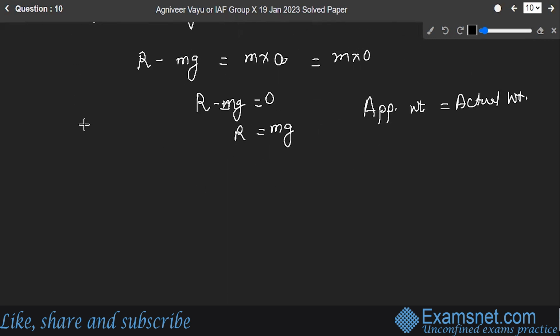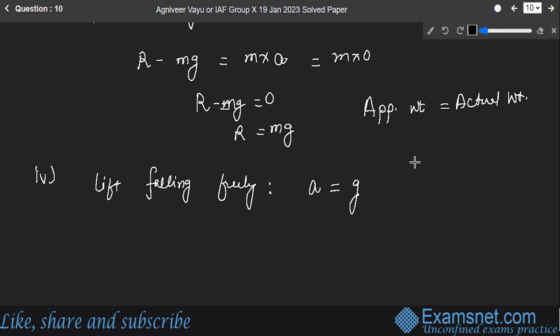Now the last one, if the lift is falling freely under gravity, then the acceleration becomes equal to the acceleration due to gravity.